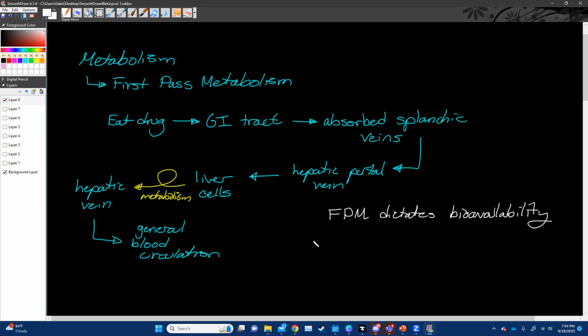So if I give 100 milligrams, I eat it, it goes through the GI tract, gets absorbed into the liver, where first pass metabolism occurs. And I can measure the percent of drug that is left over after that metabolism.